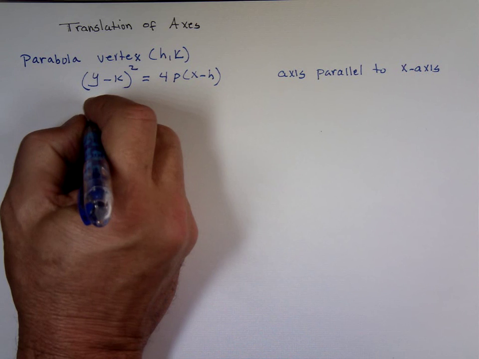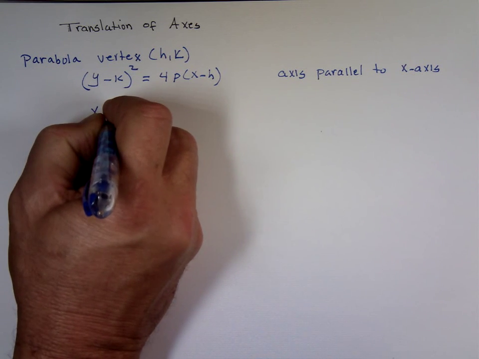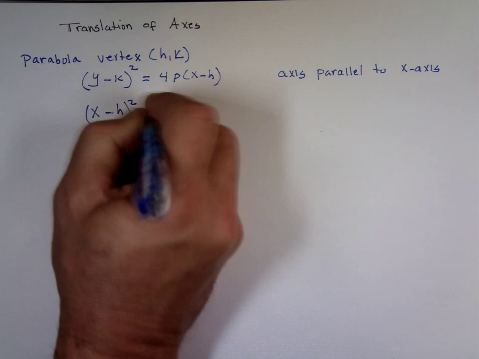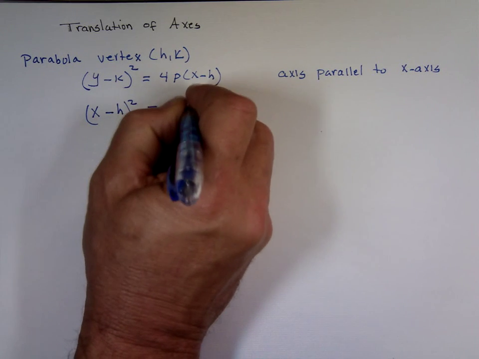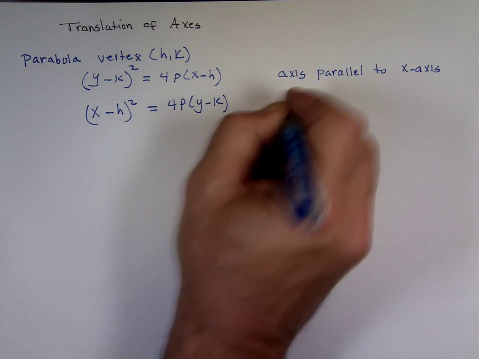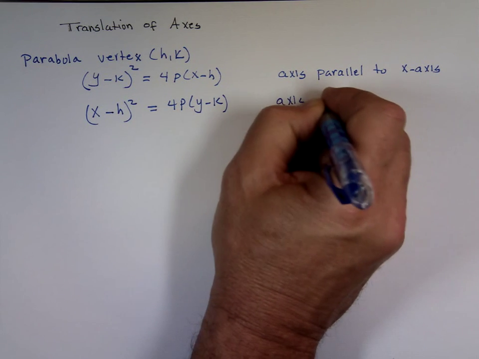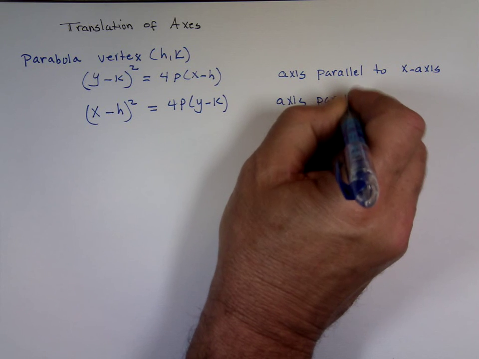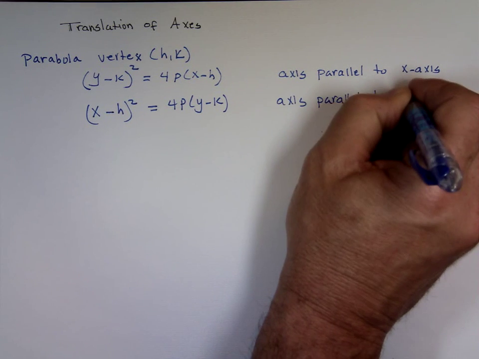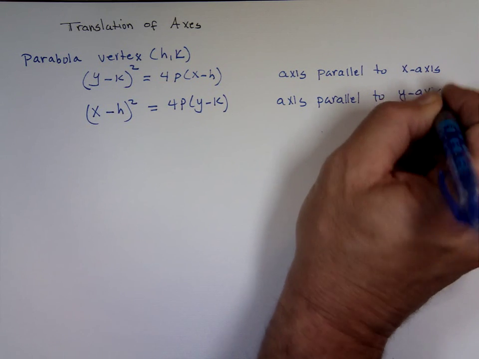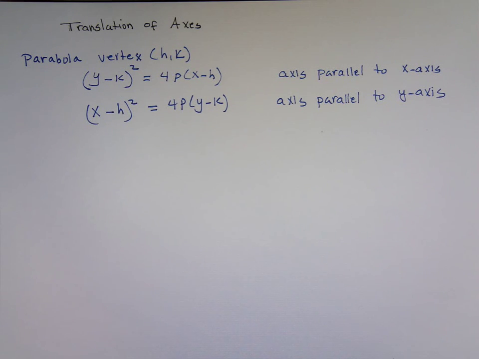Or it could have (x minus h) squared equals 4p(y minus k), and this is axis parallel to the y-axis. I'll give us some examples shortly. That's for the parabola.